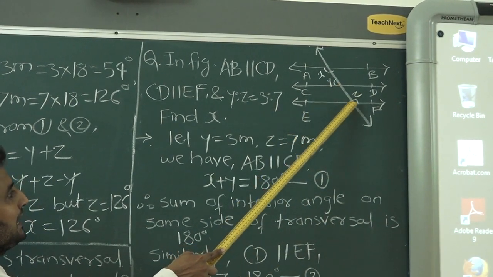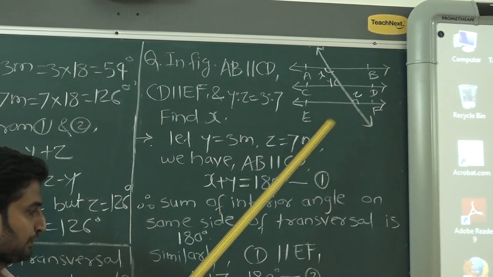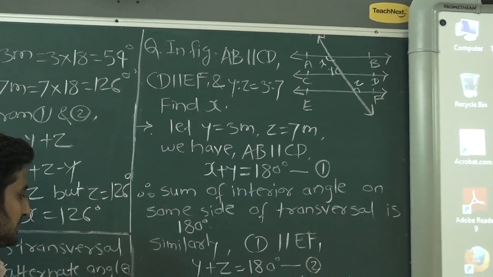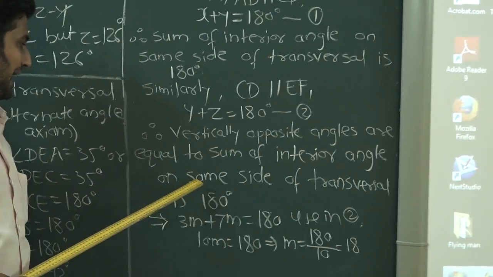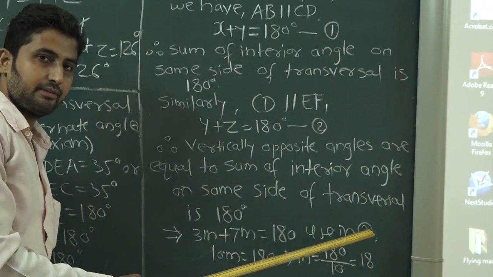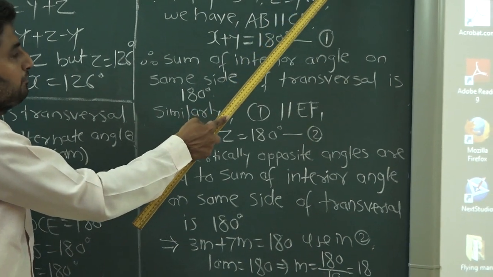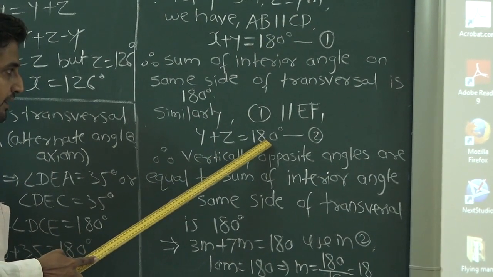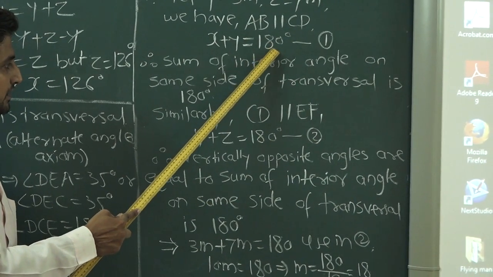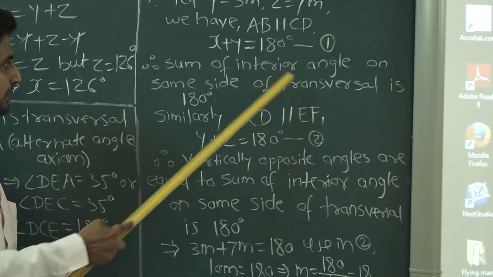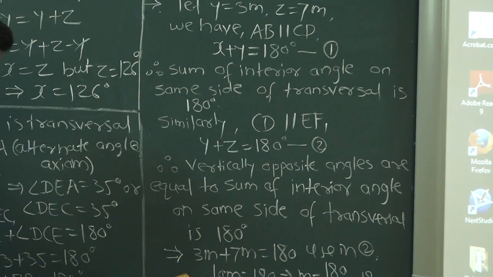If you observe this Y and Z, what are they? They are the type of vertically opposite angles, right? So these are equal to the sum of interior angles of the same side of the transversal. Means again if we add them, angle Y plus Z, again we get 180 degrees. So we call this equation 2, right? We have equation 1 here and equation 2 here. These are the two equations we are getting.